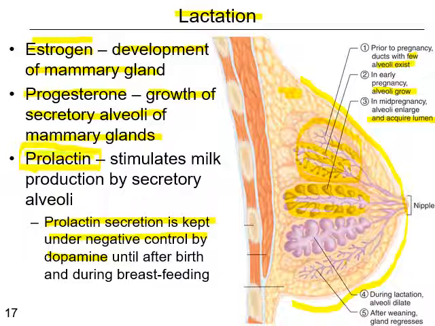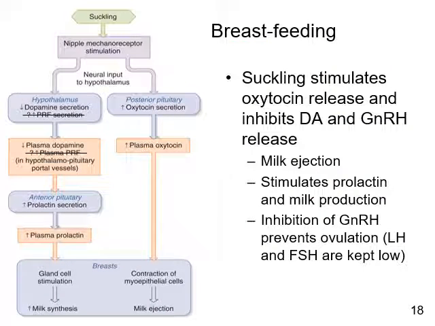And the production of prolactin then triggers the well-developed secretory alveoli to produce and store milk. So it's the process of breastfeeding, the process by which the baby stimulates the nipple of the woman, that is an important part of the production of milk.